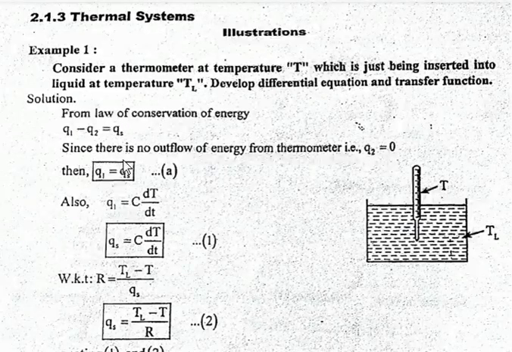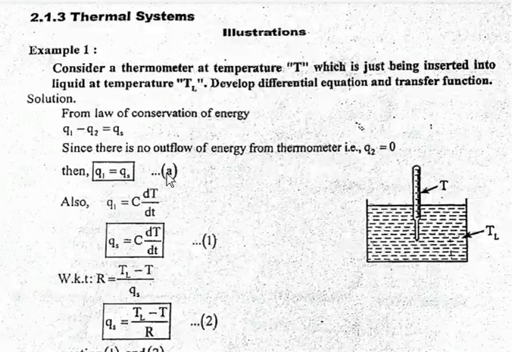Since there is no outflow of energy from the thermometer, we are not going to lose any energy. That's why Q2 is equal to 0. Then Q1 is equal to Qs. That is equation number A.